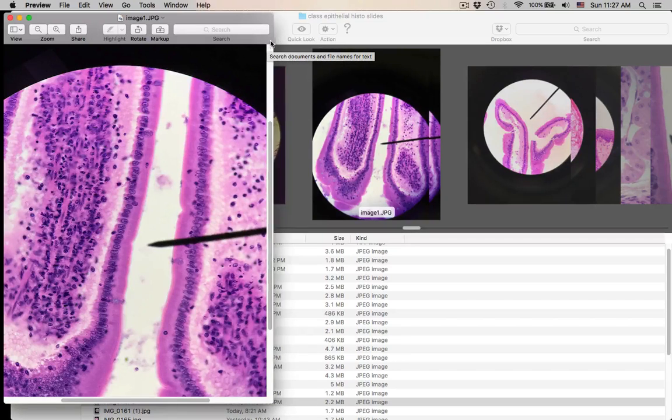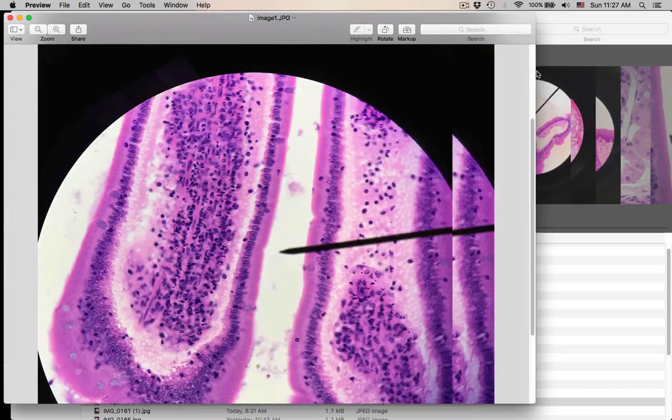Pointer in the lumen. What type of epithelial tissue do you see facing the lumen? This is number 18.